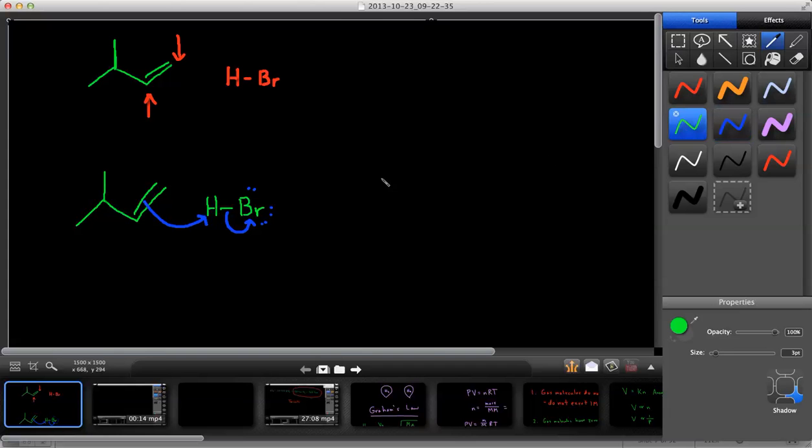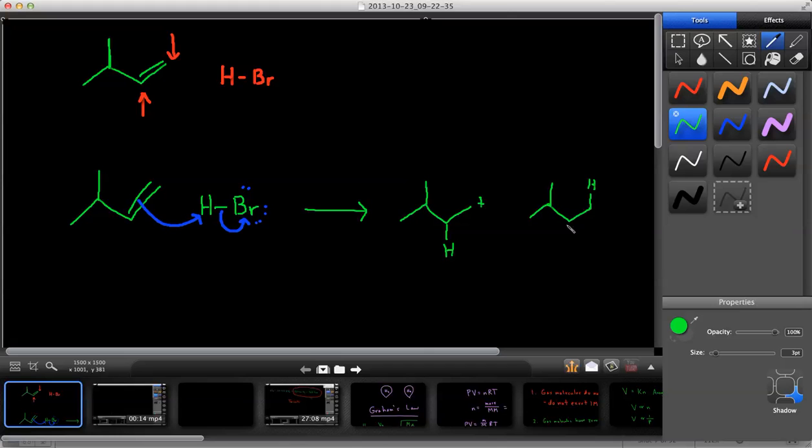The result of this reaction leaves us with a choice as to which of these carbons will attach itself to the hydrogen atom. We could attach it to carbon number 2, which will leave a carbocation at carbon number 1. Or we could attach the hydrogen to carbon number 1, which would leave a carbocation at carbon number 2.